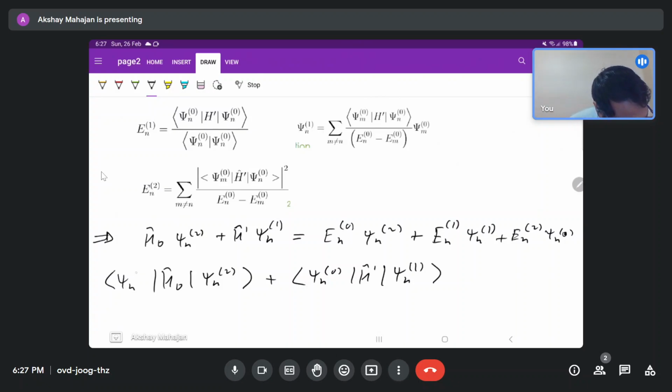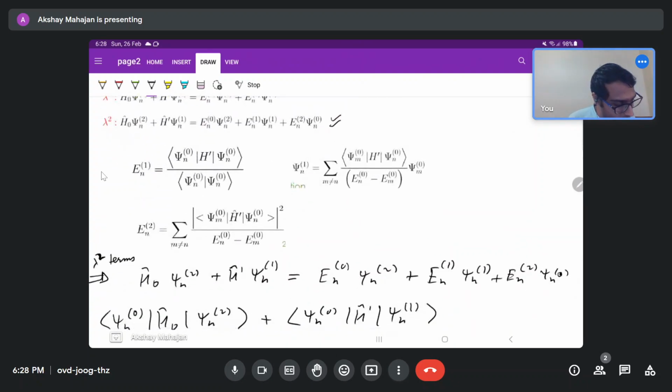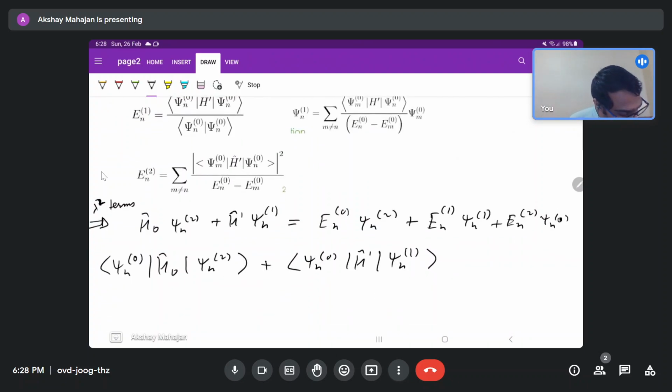So we are basically multiplying this equation by psi n of the 0th order term. For the lambda square term, which is h cap naught psi 2 plus h cap prime psi 1, En of 0 psi 2 plus En of 1 psi 1 plus En of 2 psi 0, we multiply by psi of 0 here.